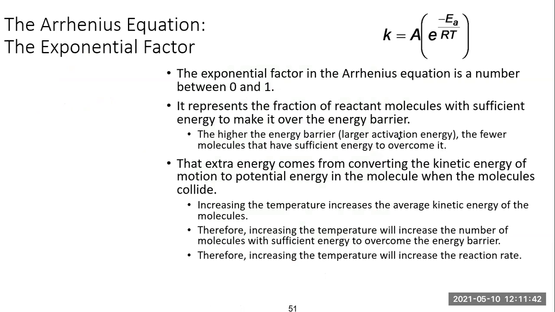So looking at this equation just a little bit more, some of the stuff we talked about, but again, just a reminder, that fraction of reactant molecules that really do have enough energy to make it over that energy barrier is that frequency factor. The higher the energy barrier, the larger the activation energy.